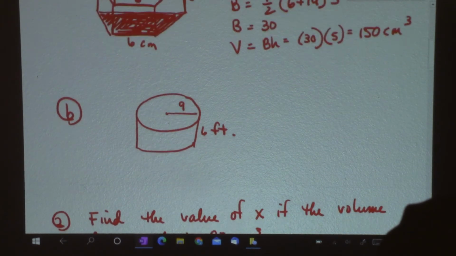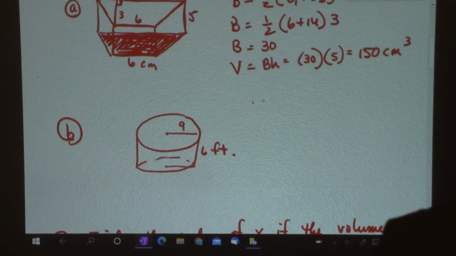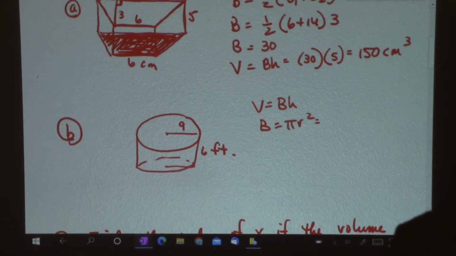Okay, let's do B. So you can go ahead and draw that picture of a cylinder like this. And my volume is going to be the base area times the height. And the base area is pi r squared. So I get 9 squared, which is 81 pi. Okay.